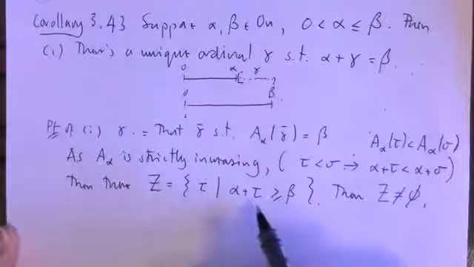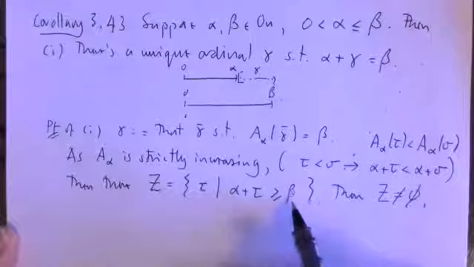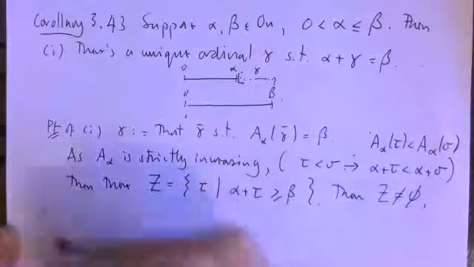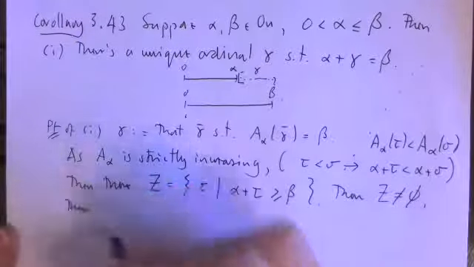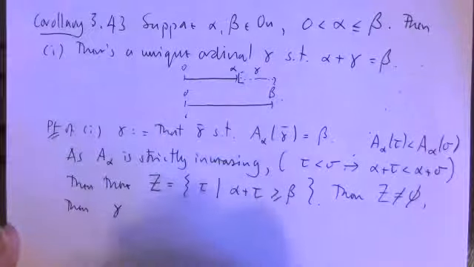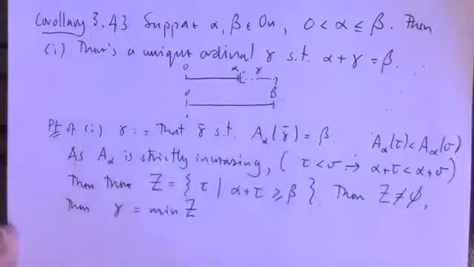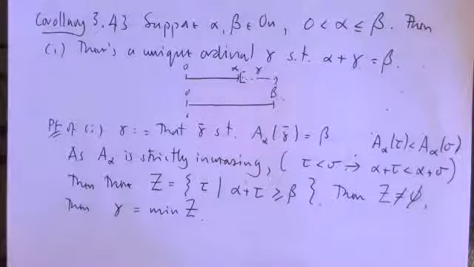Sooner or later, alpha plus taus are going to exceed beta, right? And the gamma we want is the least element of Z. Then gamma is the smallest element of Z.